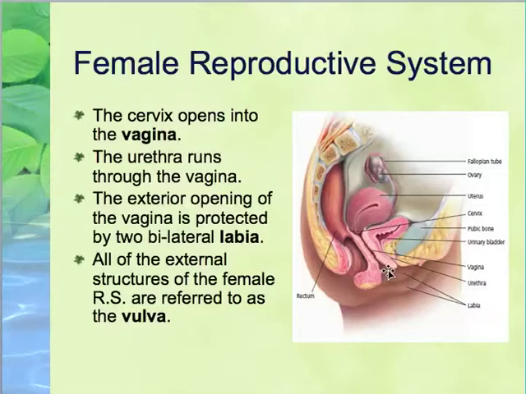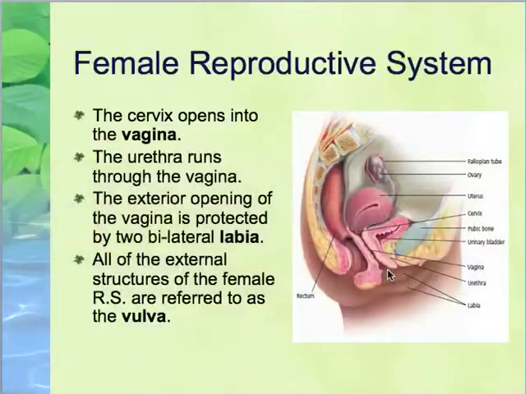All the external structures of the female reproductive system are referred to as the vulva. And of course we have left off a gland that is located superior to the vaginal opening, called the clitoris, which is what gives females the sensation during sexual reproduction.